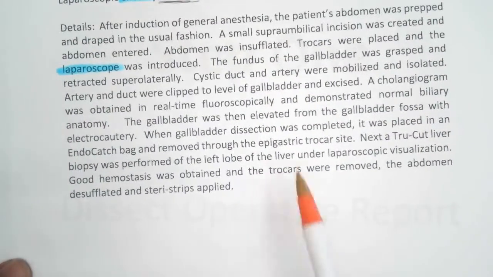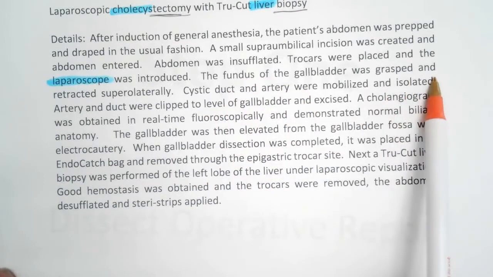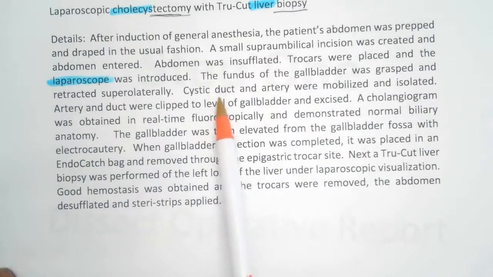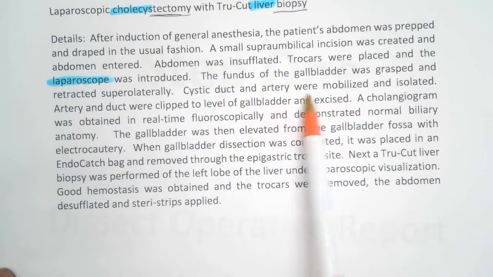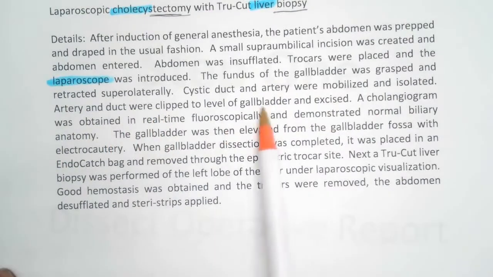All right, so as I continue to read through the report, I noticed that the fundus of the gallbladder was grasped and retracted superior laterally. The cystic duct and artery were mobilized and isolated. Artery and duct were clipped to the level of the gallbladder and excised.